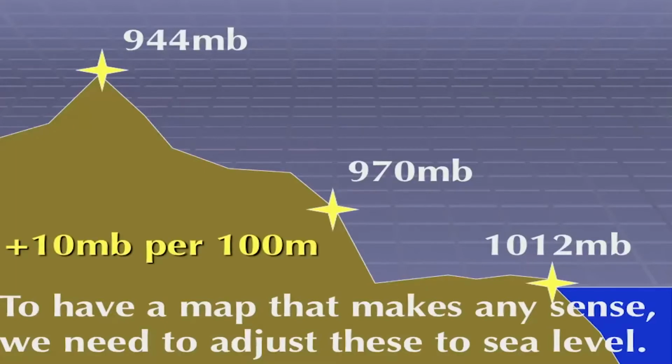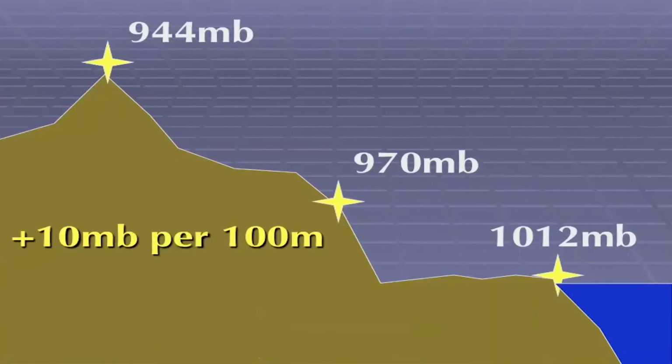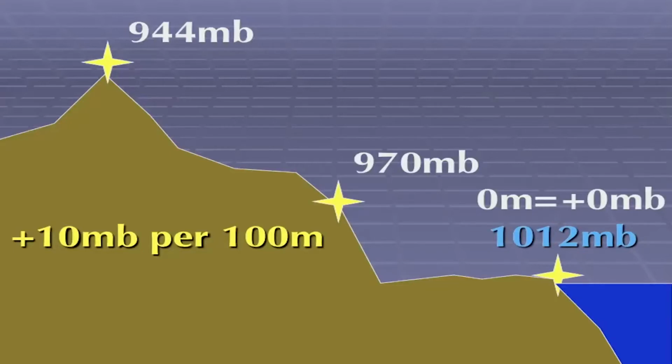The formula we use is we're going to add 10 millibars per every 100 meters, or add 1 millibar every 10 meters. So when you're at sea level, you're at 0 meters in elevation, so you're not going to add anything. Your sea level pressure is your station pressure. Okay, you don't have to make an adjustment in this case.